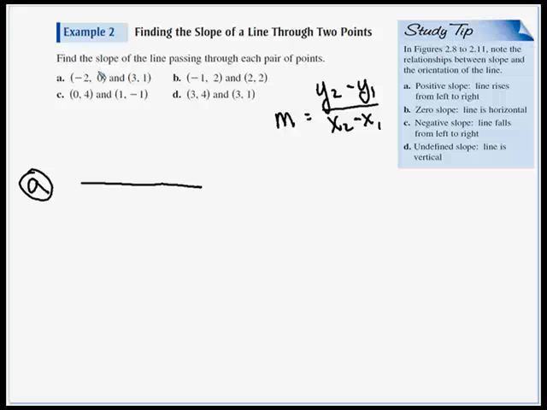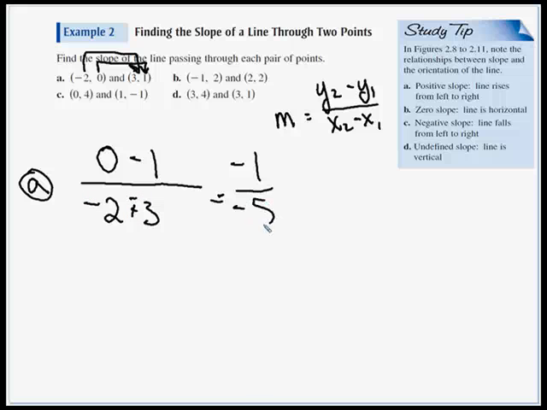Here let's subtract left to right. 0 minus 1 is our numerator. Negative 2 minus 3 is our denominator. 0 minus 1 is negative 1. Negative 2 minus 3 is negative 2 plus negative 3, which is negative 5. And then these negative signs will cancel, and we'll get a positive 1/5.